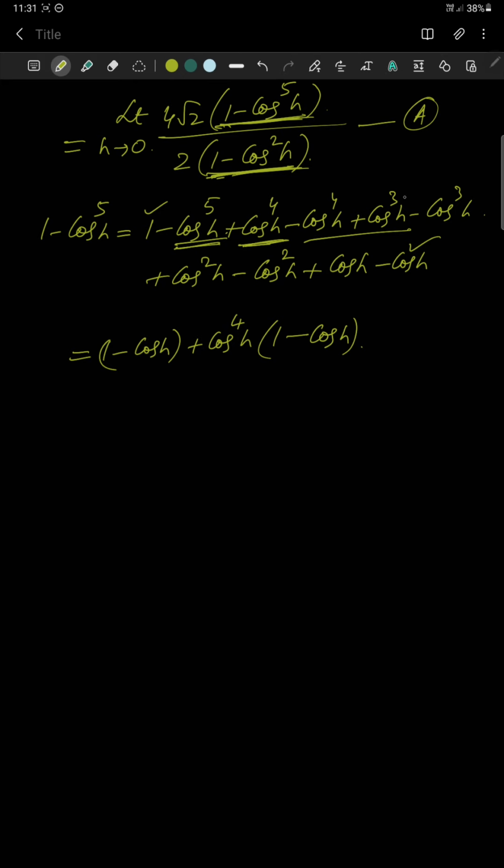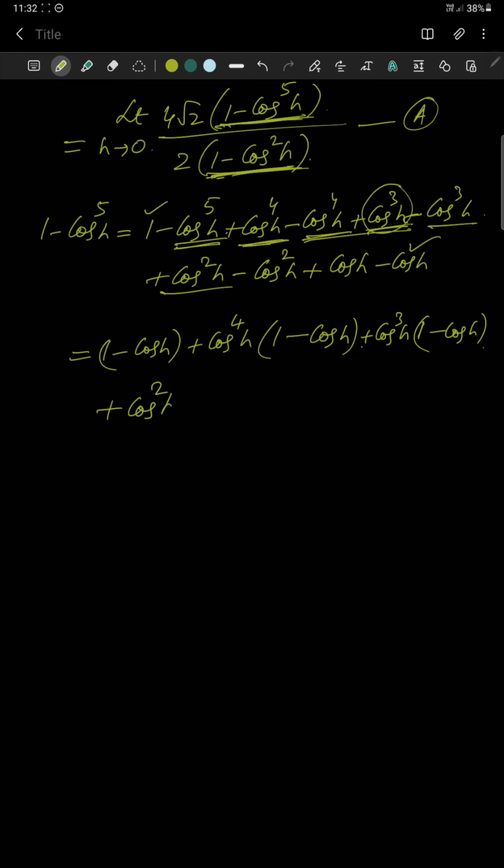Now from these two, cos cube h can be taken common. So for this one we are left with 1, and here we are left with cos h. Further, out of this minus cos cube h and plus cos square h, we can take out cos square h common.